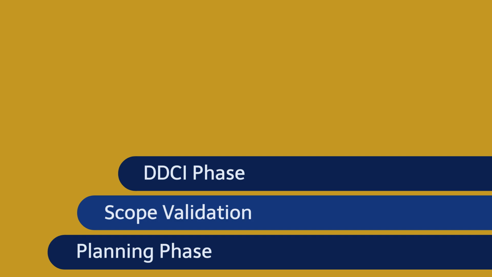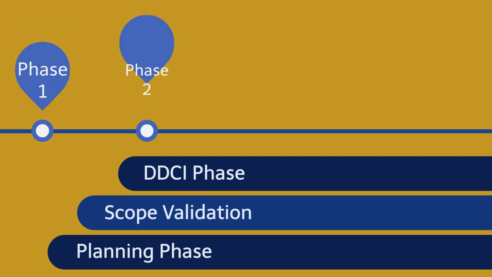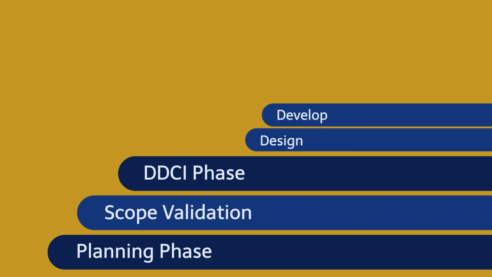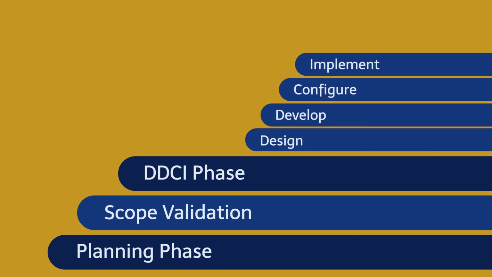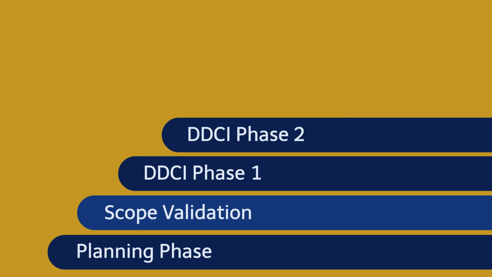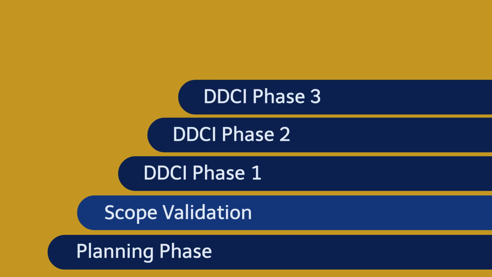DDCI is broken down into more manageable segments of work called phases. Think of each phase as its own complete solution development cycle to design, develop, configure, and implement the Advantage solution for a subset of CSPS customers. CSPS has identified 3 DDCI phases.